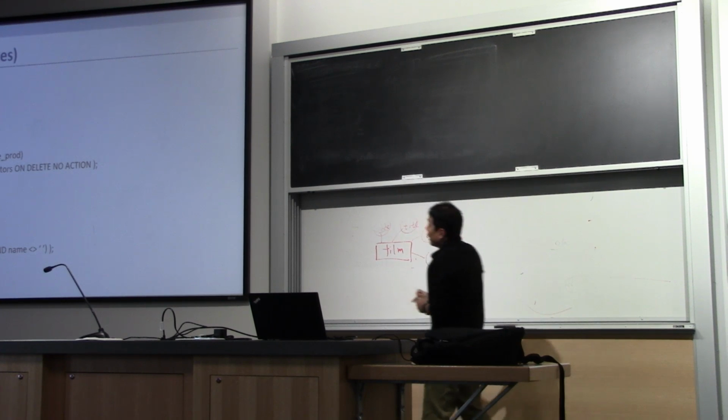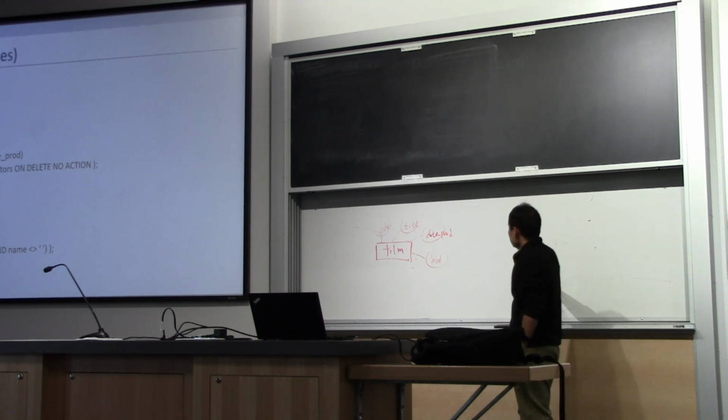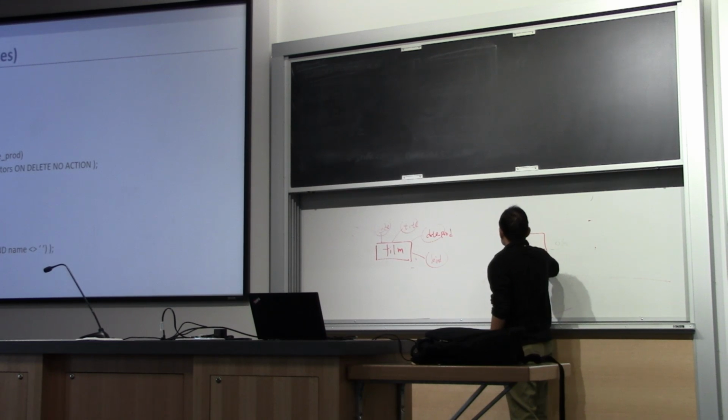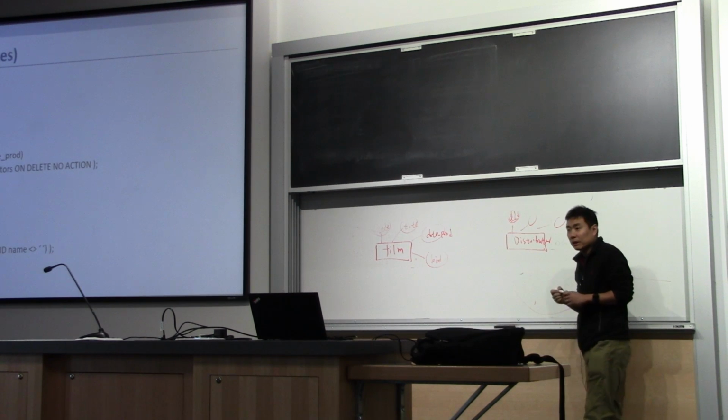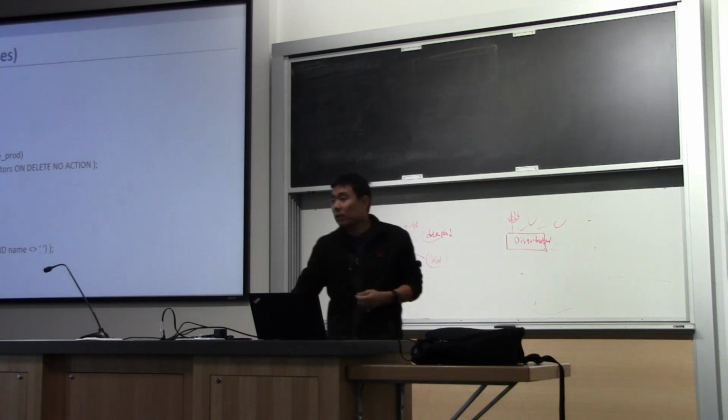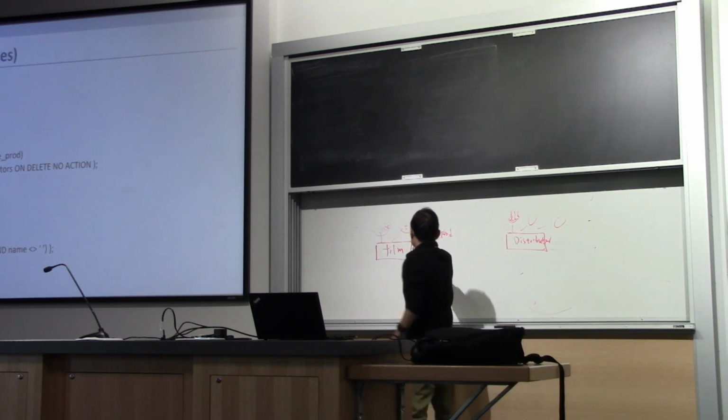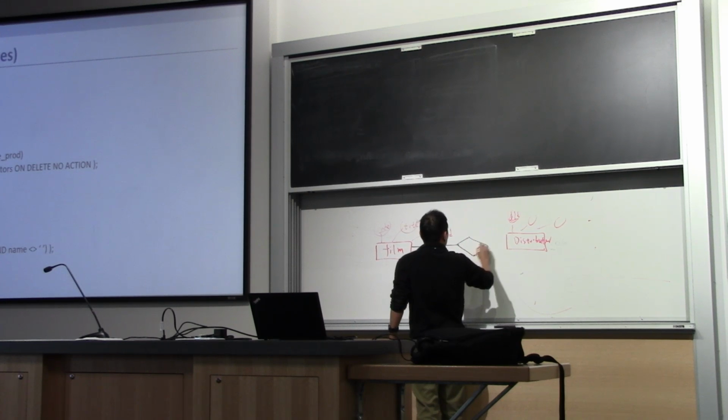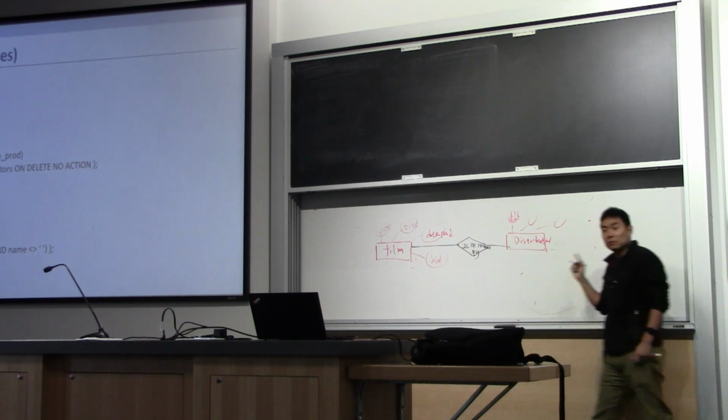And DID. There is a distributor entity set with DID as a key and some other attributes, maybe name and whatever. Now there is obviously a relationship set between the two, for example, distributed by, which film is distributed by which distributor.